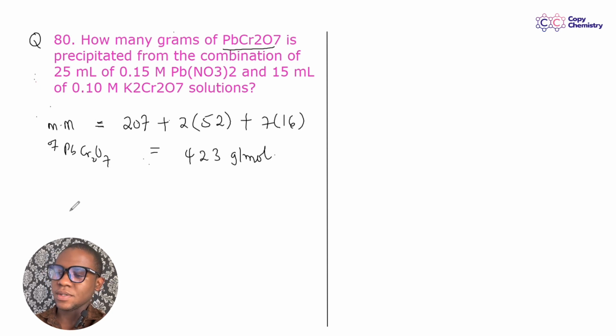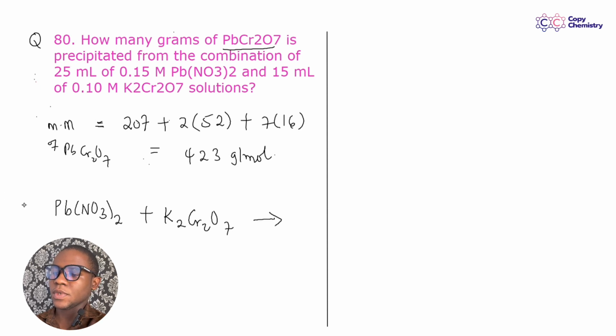Now, let's write out our equation of reaction between lead nitrate and K2Cr2O7. It's just an interesting exchange that will happen here.